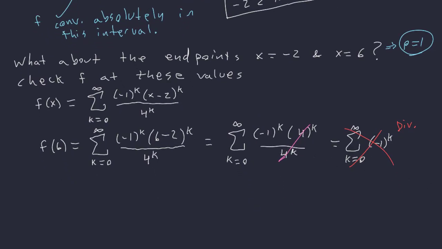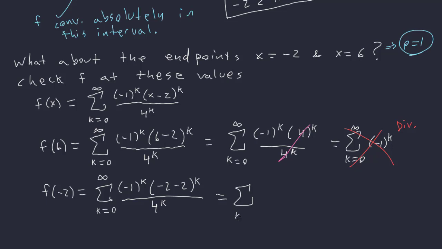Now let's look at f of -2. This will be the series k going from 0 to infinity, -1 to the k times (-2 minus 2) to the k all over 4 to the k.